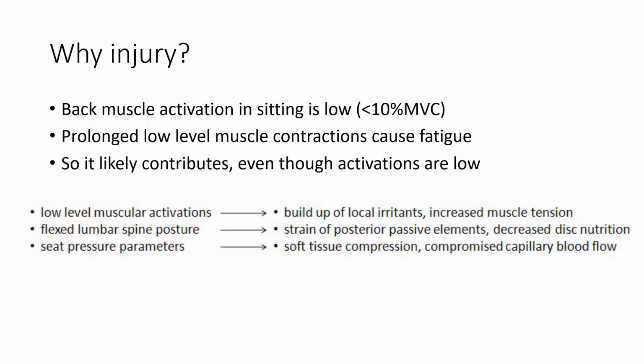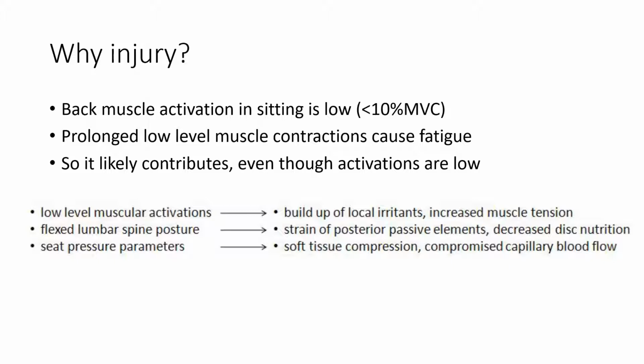But when we have prolonged low activation of the muscles, we predispose them to fatigue, and the fatigability of muscles will increase the risk of spasm, failure, strain, and different types of problems in the muscles.